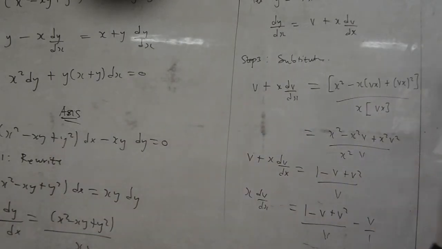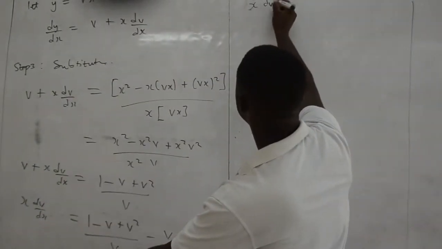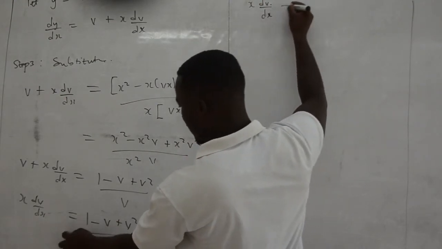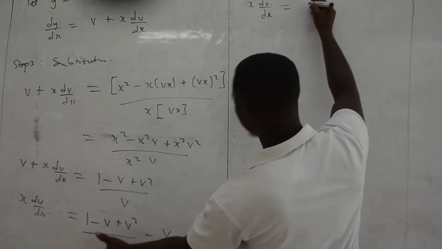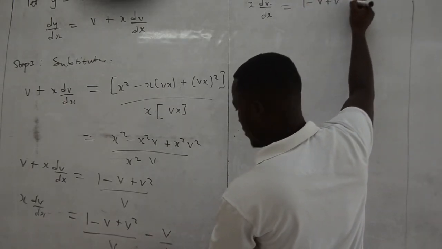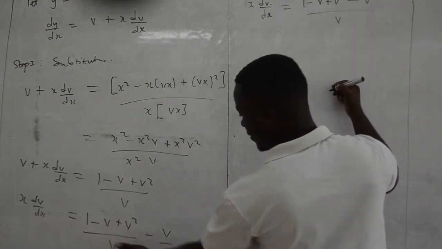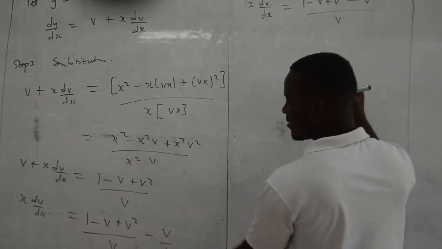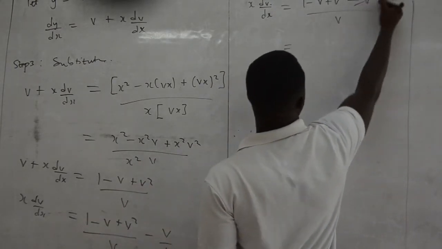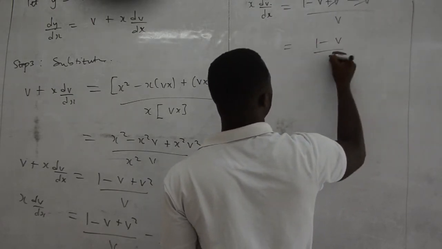So now I have x dv/dx is equal to, so this one will be 1 minus v plus v squared minus v squared all over v. Here they also will be v, so just this v squared all over this v. Then leaving 1 minus v all over v.